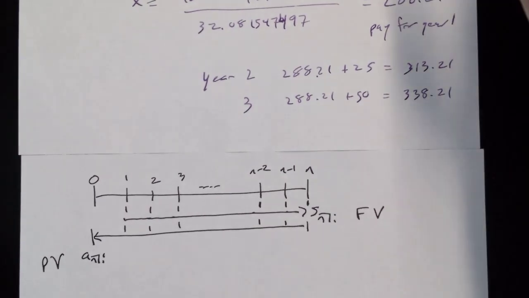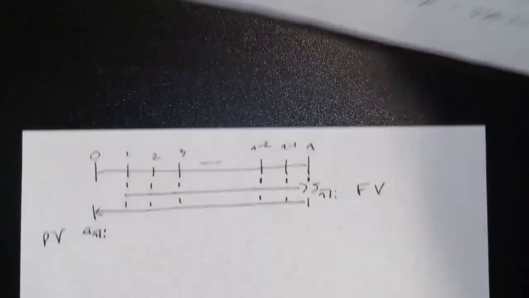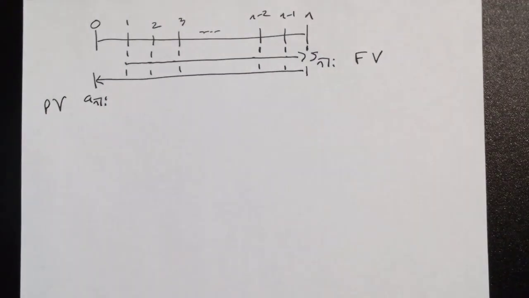For present value, there's no payment on that first date. That's the weird part. For an ordinary annuity, we think of the payments being made at the end of the month. So I signed the contract on September 1st, but my first payment isn't made until October 1st. I keep paying for 5 years, so I'm going to make 60 payments.